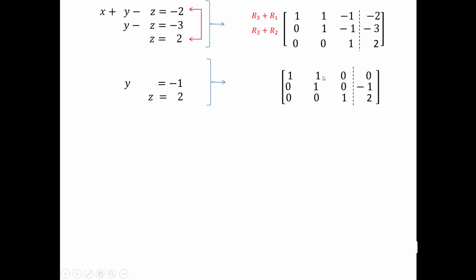Now we're not quite done because notice that 1 and 1 indicate that those are the coefficients of x and y.